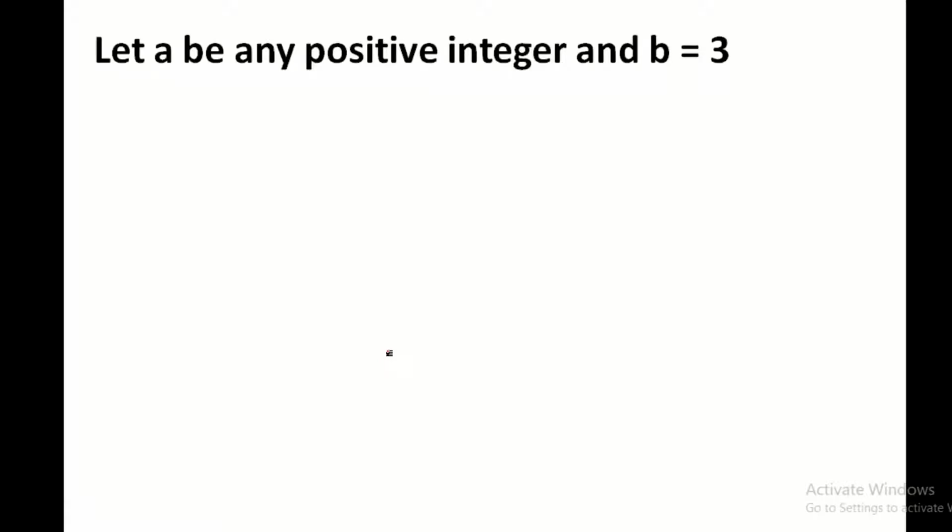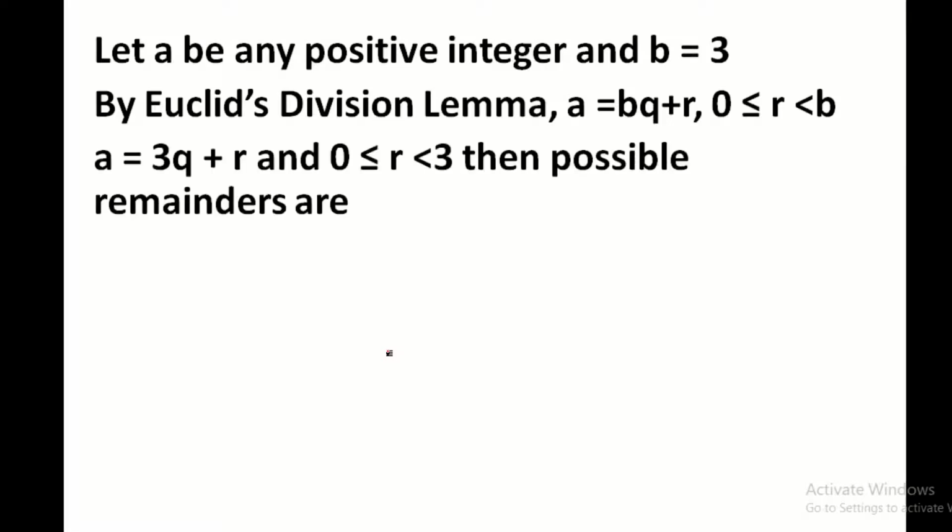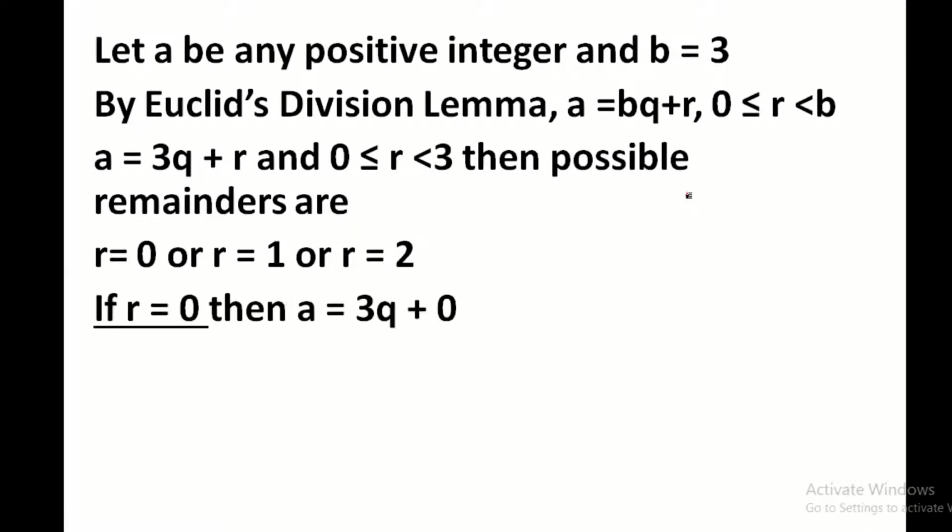Let a be any positive integer and b is equal to 3. By the definition we can write a is equal to bq plus r, and the possible remainders are r equal to 0, r equal to 1 or r equal to 2. What happens if r equal to 0? Then a is equal to 3q plus 0, which is nothing but 3q.